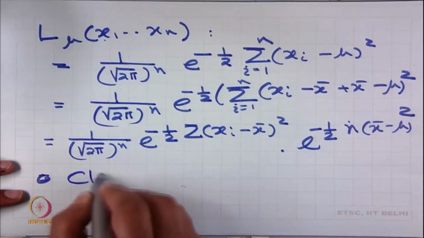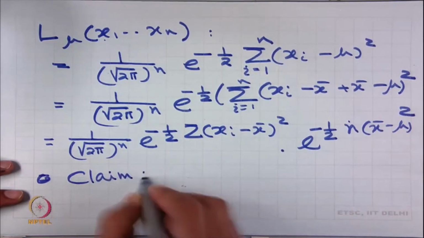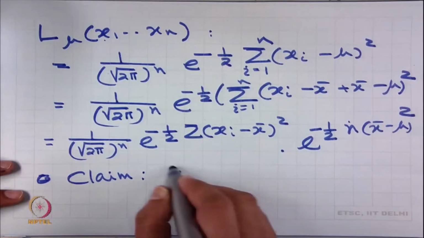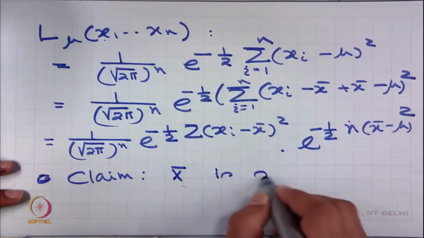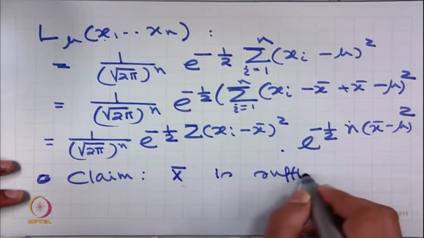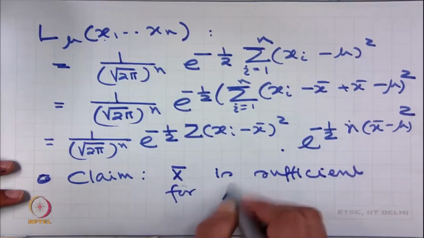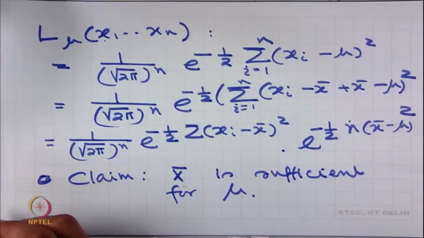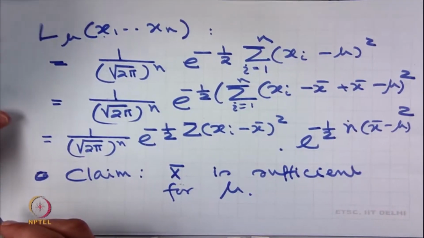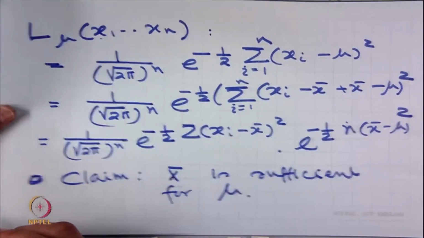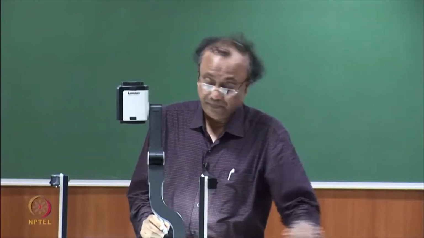Claim: x bar is sufficient for mu. So, what we are claiming is that the sample mean is sufficient for mu.